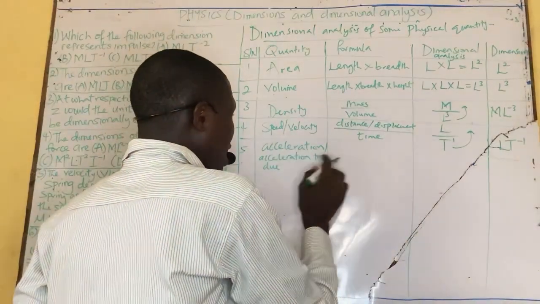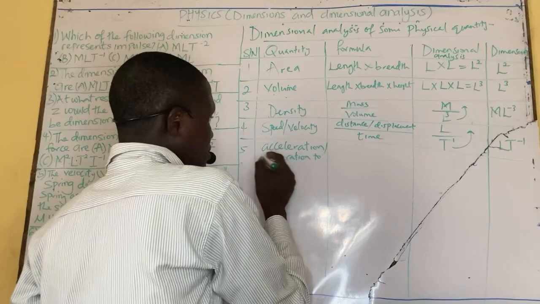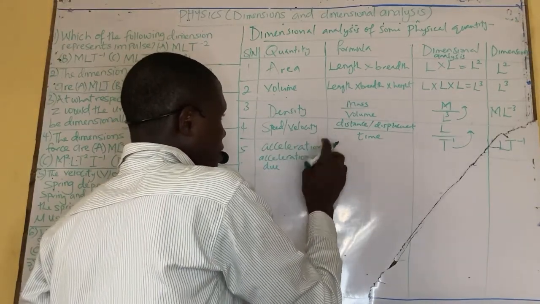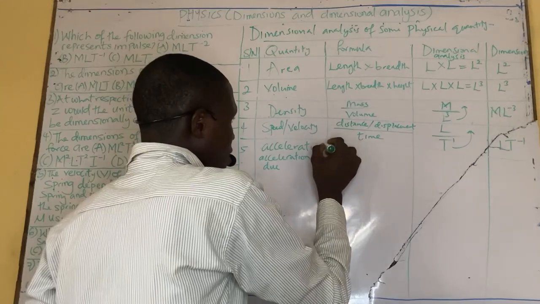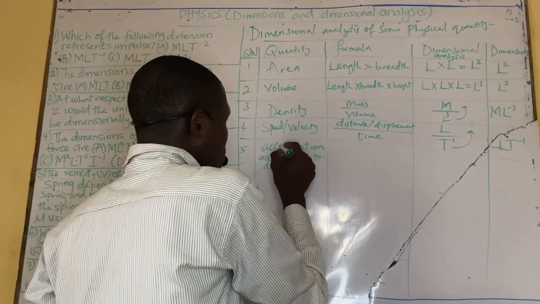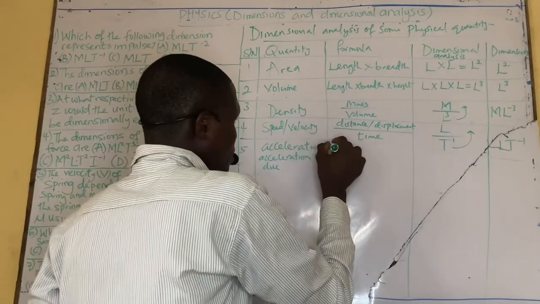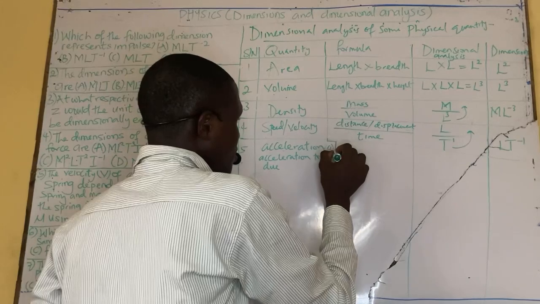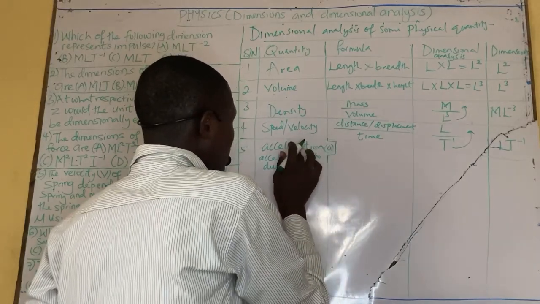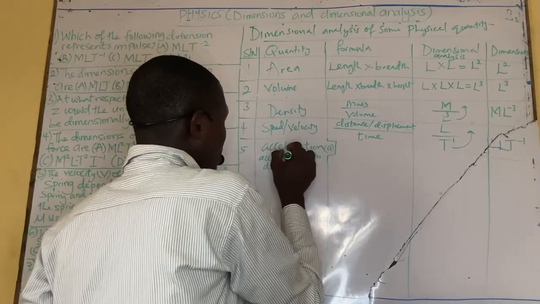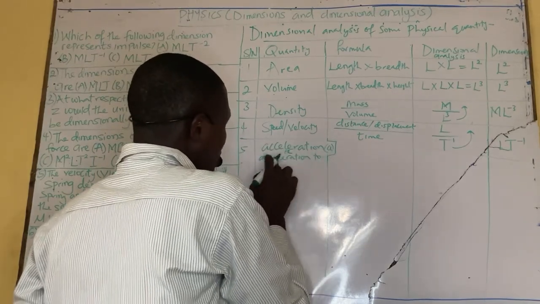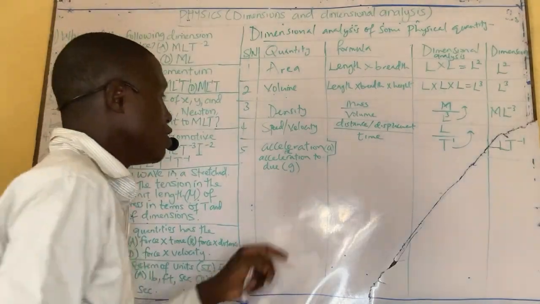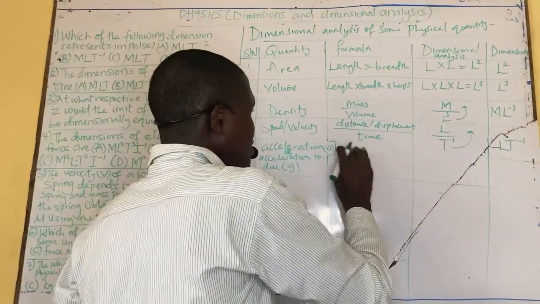Acceleration is represented by A, while acceleration due to gravity is represented by G.